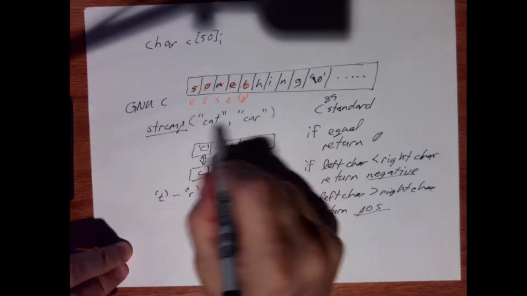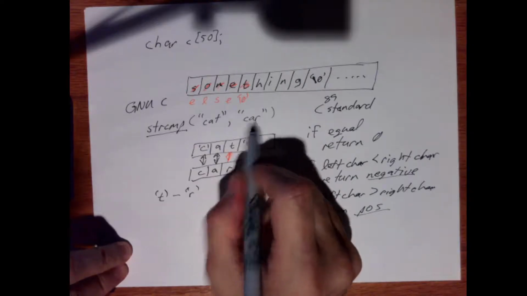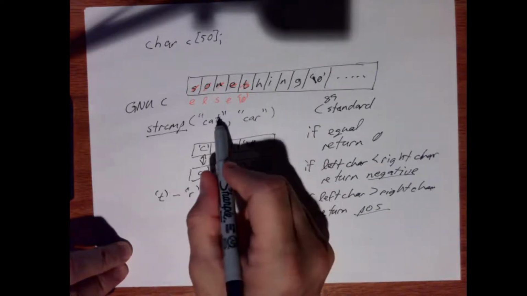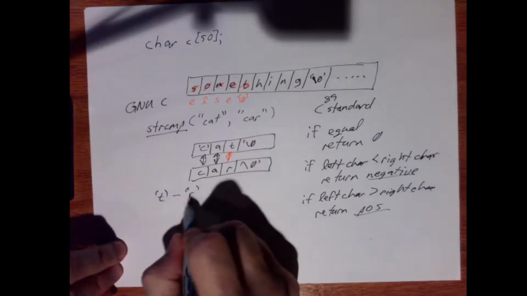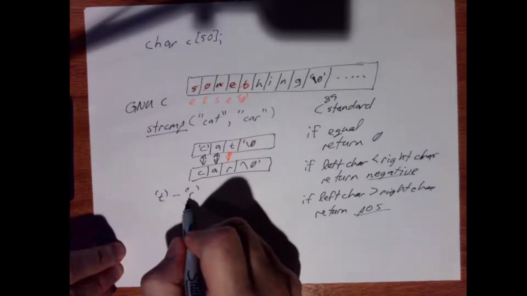In fact, if they're the same all the way across, then you'd have something like T minus T is 0. So a T is 2 characters after R in the ASCII table, right?